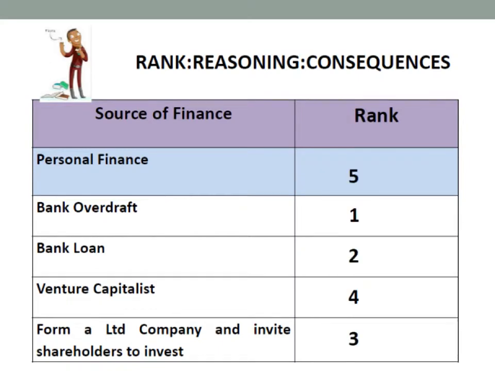Okay, so when I looked at this activity, I tried to think of some of the positives and the negatives. Now, I personally decided that Fiona would be able to meet this requirement by using a bank overdraft.